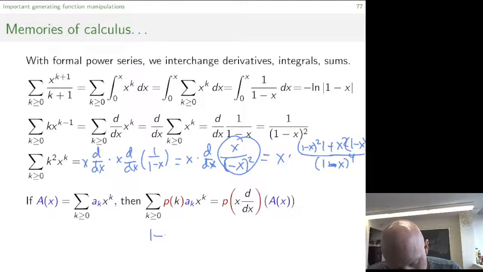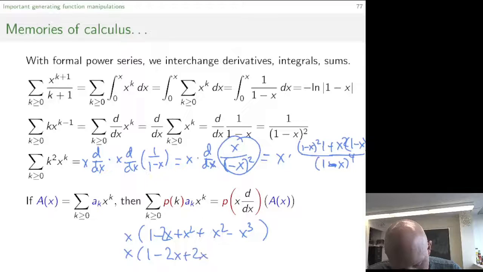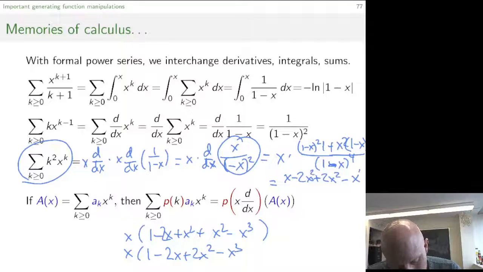So what is that? That's 1 minus 2x plus x squared plus x squared minus x cubed, all times x. This is x times 1 minus 2x plus 2x squared minus x cubed. And so this sum has as its compact form x minus 2x plus 2x squared minus x cubed over 1 minus x to the fourth.